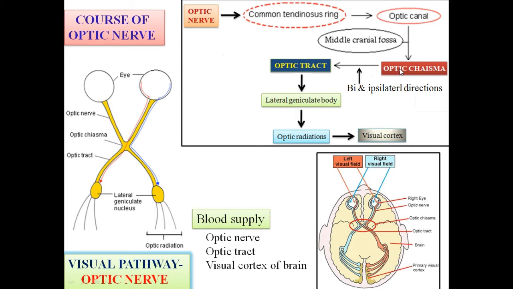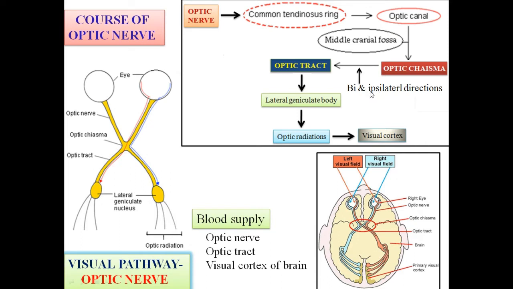From there it gives two branches, the two optic tracts. These two optic tract fibers run in a contralateral direction and an ipsilateral direction.